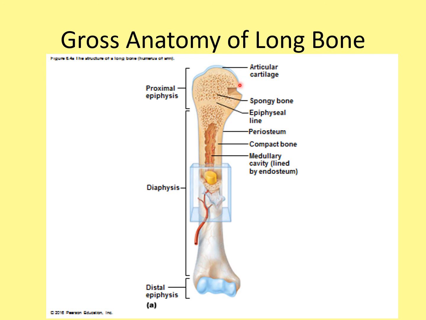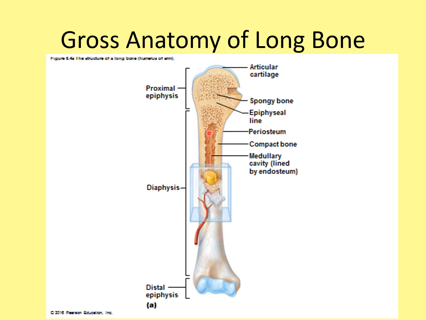As we mentioned earlier, when you have a bone that's involved with the joint on the ends, and this is going to be with a movable joint, you do have that articular cartilage. You see that on both ends here. With the bone, you tend to have on the interior spongy bone, and it gets its name. It does look like an open sponge. It's much lighter weight than the compact bone that's on the exterior surface.